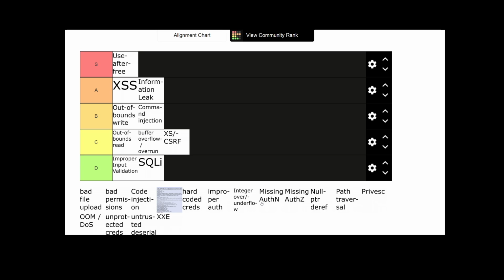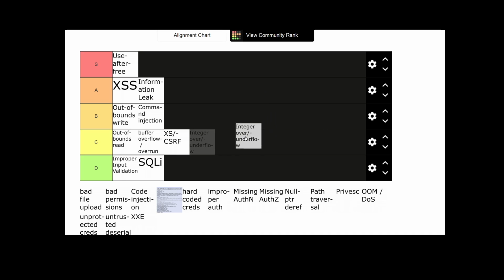Oh, integer overflow. Integer overflow or underflow, I think they are okay-ish vulnerabilities. I think that it's an interesting quirk of the way that integers are managed in languages, for sure. I've very rarely seen it used for something meaningful.